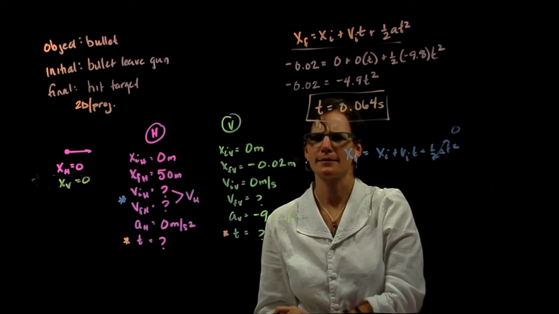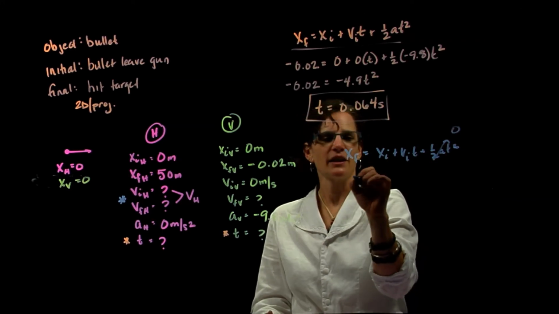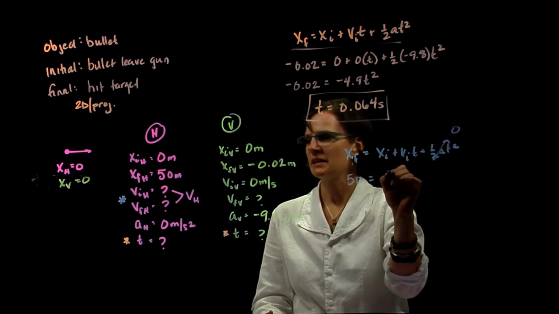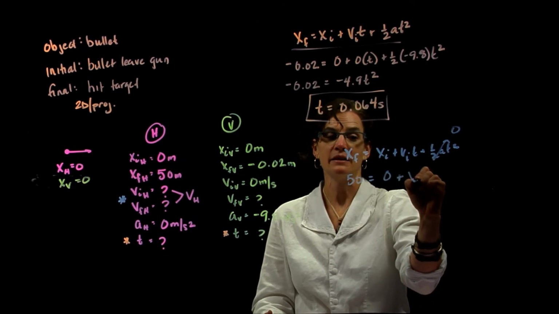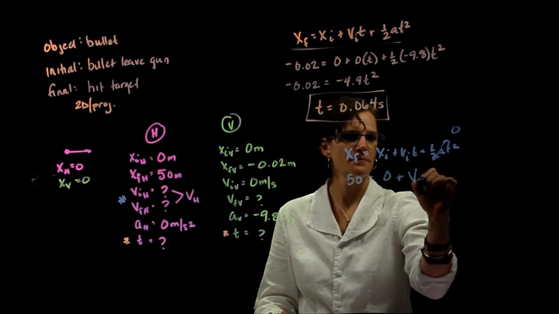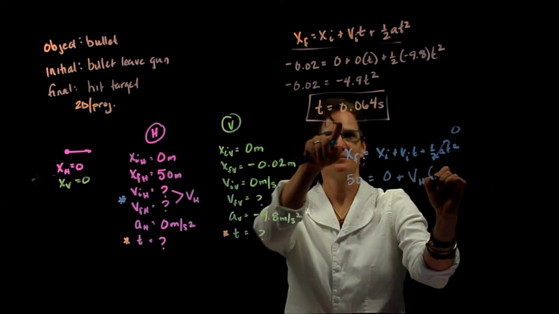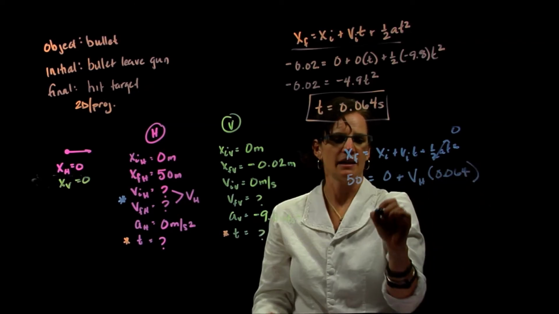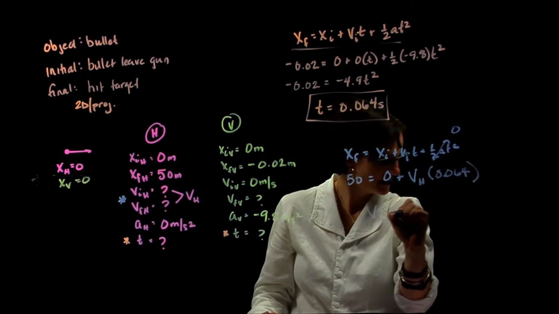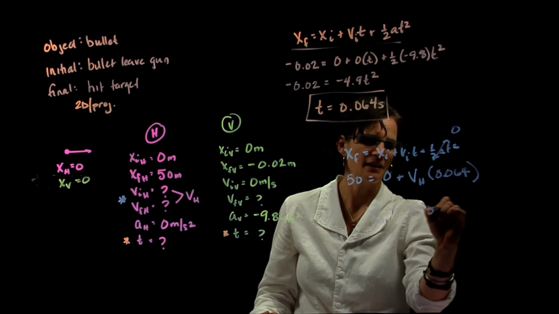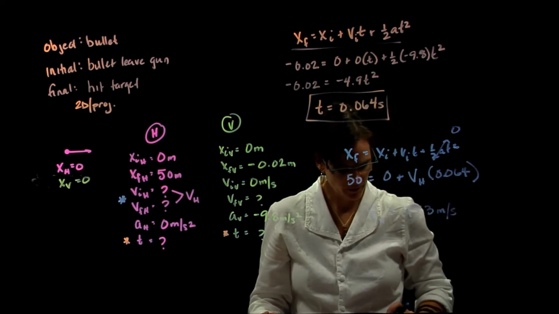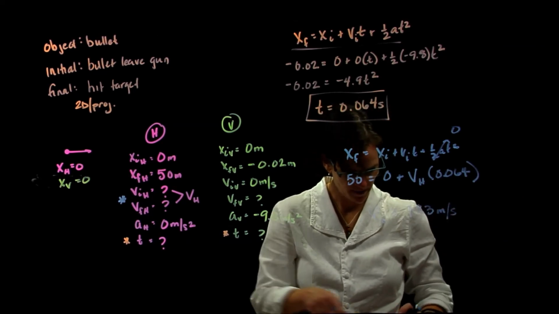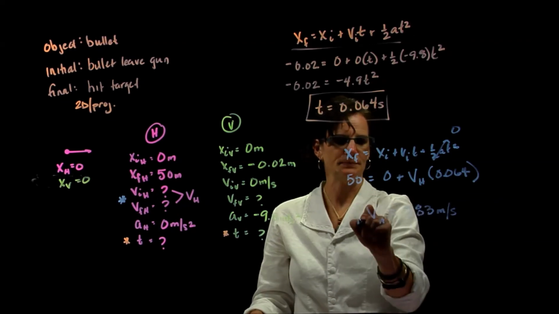No acceleration in this one, so that's going away. x final is 50 equals 0 plus v horizontal times my time of 0.064. And I find that v horizontal is equal to 783 meters per second. And I'm just going to confirm that. Yes.